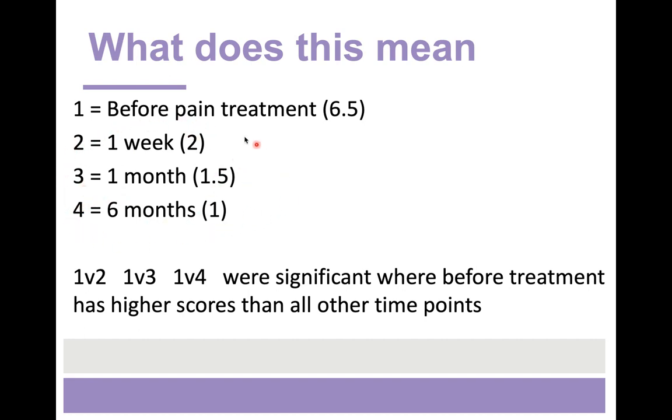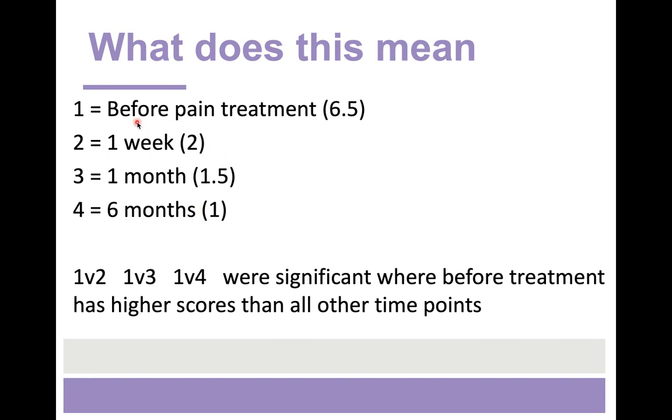Basically, what we have found is that pain does not differ between 1 week, 1 month, or 6 months after treatment. Pain stays the same from 1 week all the way to 6 months, right? Because none of these comparisons were significant.